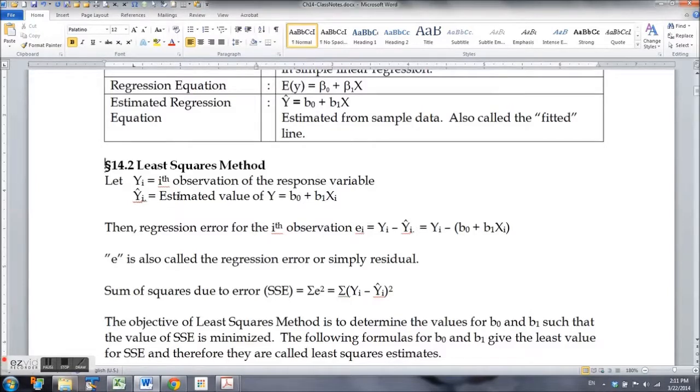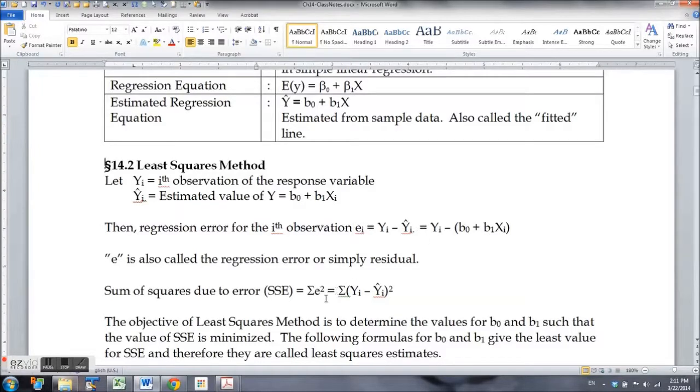And y hat sub i is the estimated value of quarterly sales for x sub i, the x value for the ith observation. Since this is not going to be exactly equal to y sub i, there will be a statistical error, often called a residual. The error is y sub i minus y hat sub i.